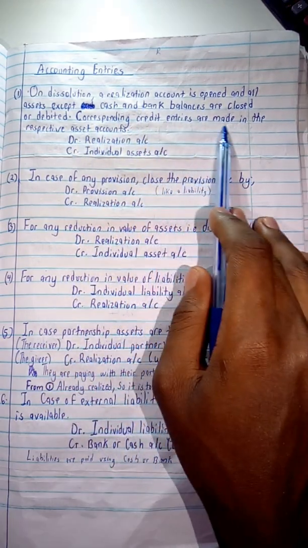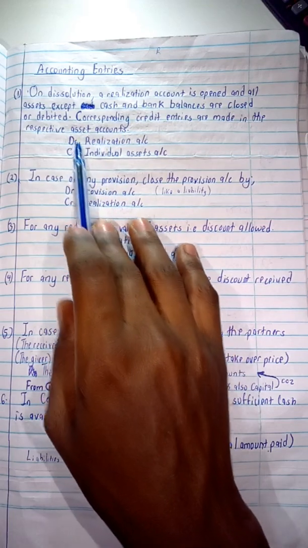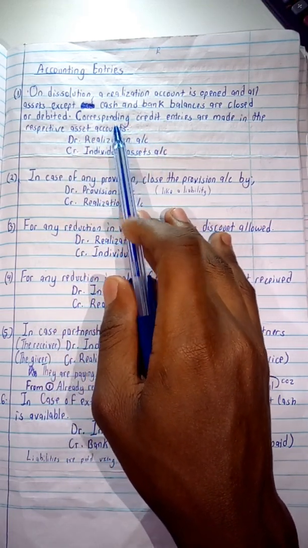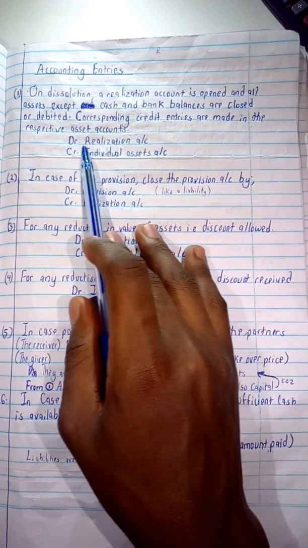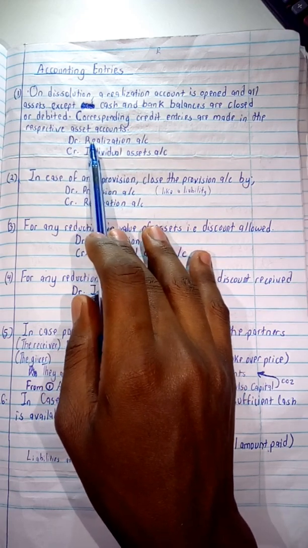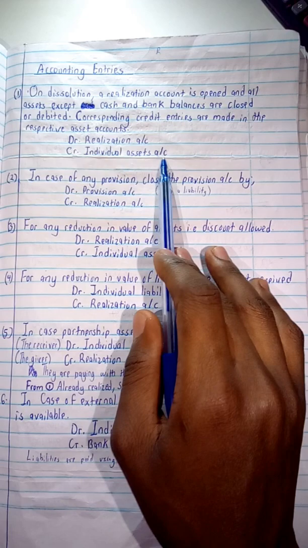Corresponding credit entries are made in the respective asset accounts, meaning that you're going to first of all close off these partnership accounts with the realization account. So the entry will be, you debit the realization account and credit the individual assets account.